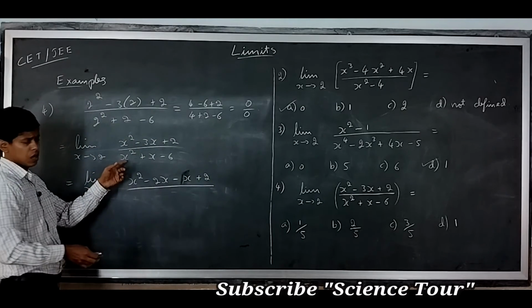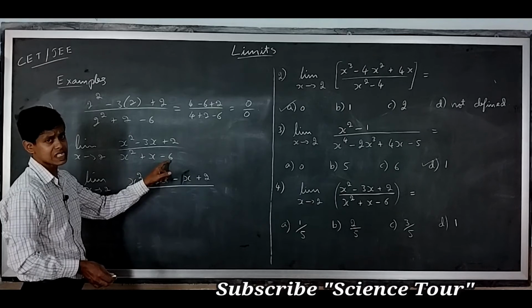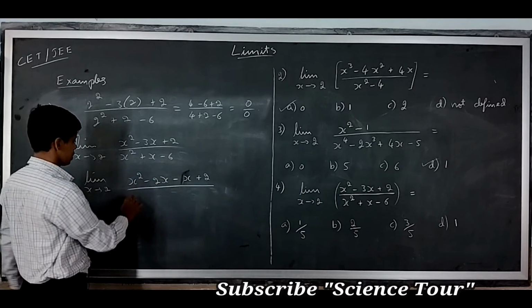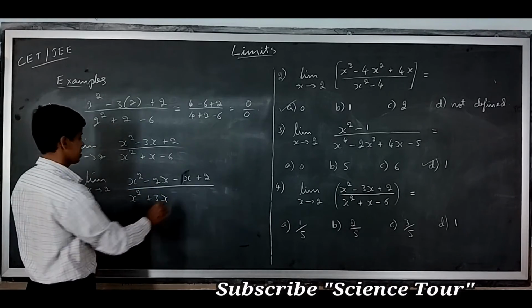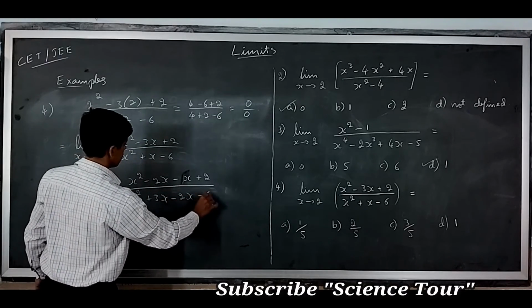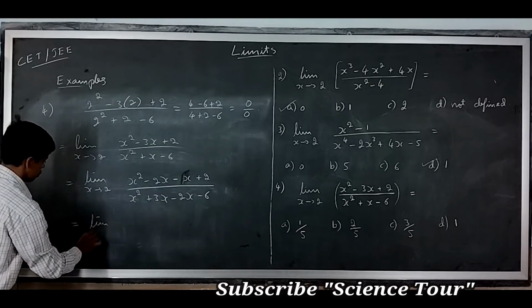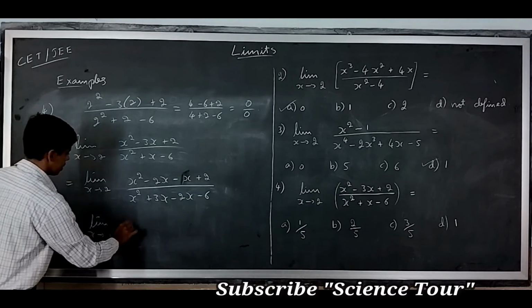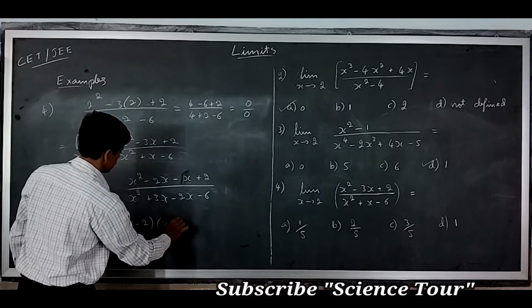Divided by, how do you split this? When you multiply, you must get minus 6. So 3 2s are right. So you can write this as plus 3x because you need plus x, and this is minus 2, and that is minus 6. So after factorization, you will end up with the x minus 2 into x minus 1.